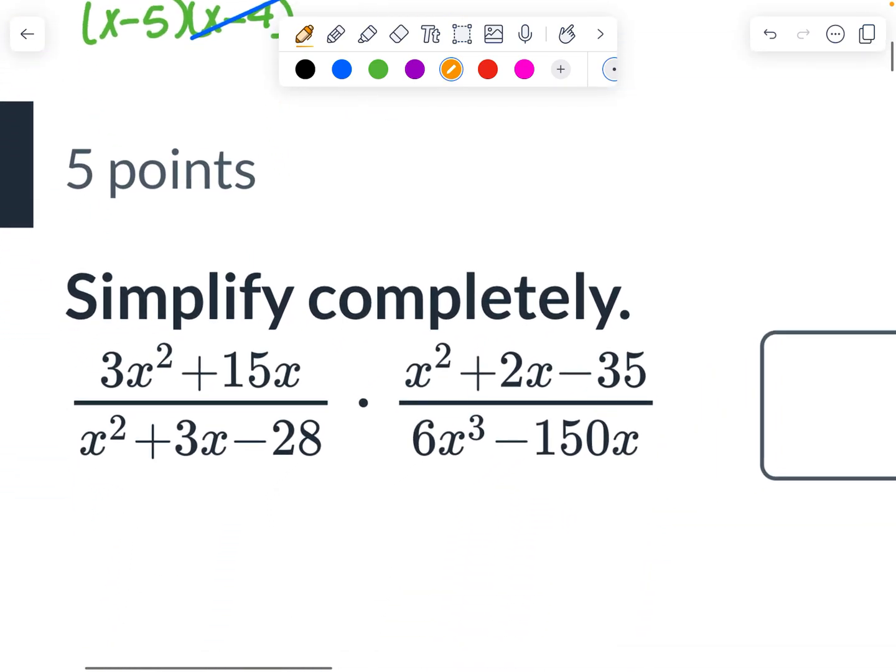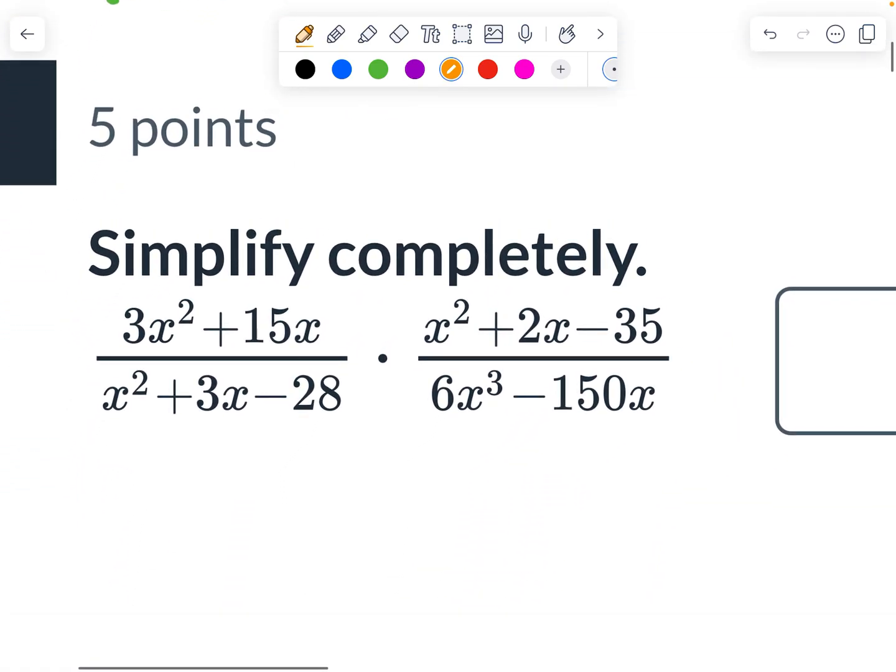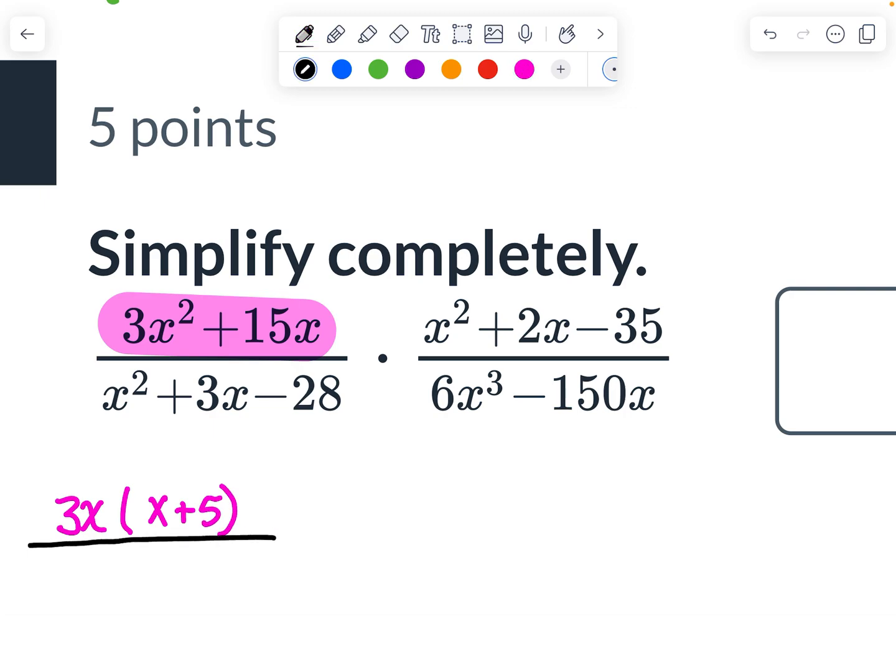Okay, on to the next one. The very first thing we look for is a greatest common factor, and there is a greatest common factor in this particular one. The greatest common factor is 3x. So when we divide 3x away, we're left with x plus 5. Then we look at the denominator of that fraction.